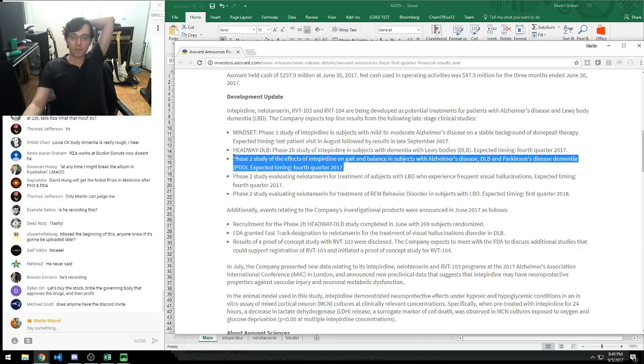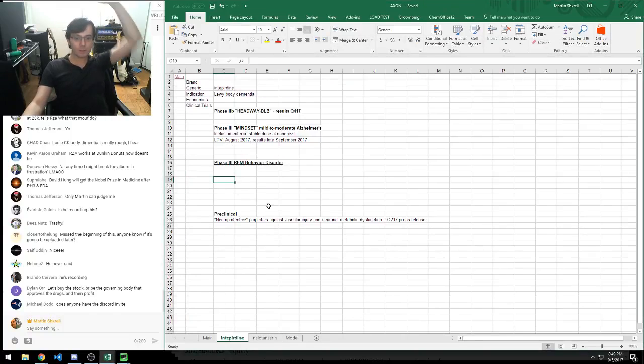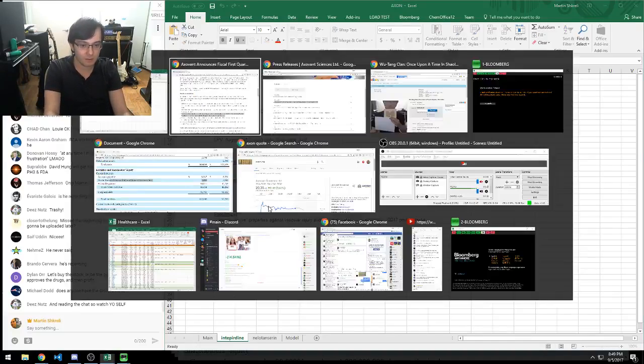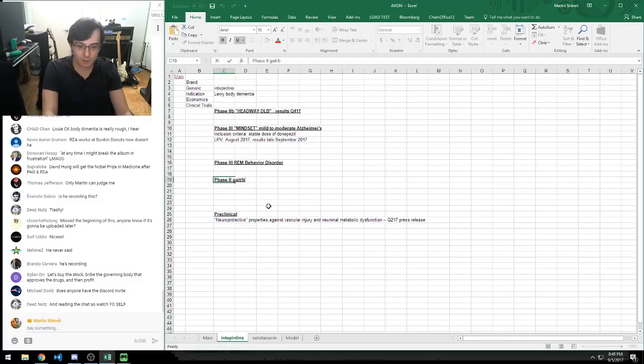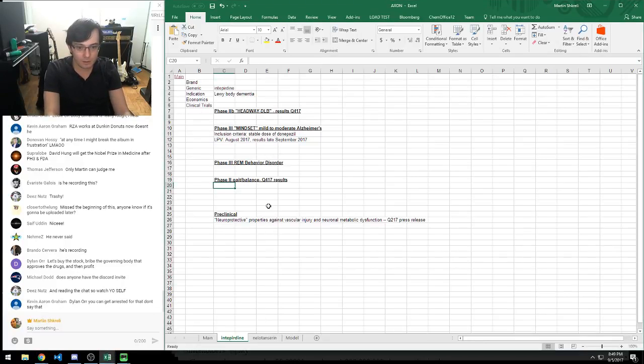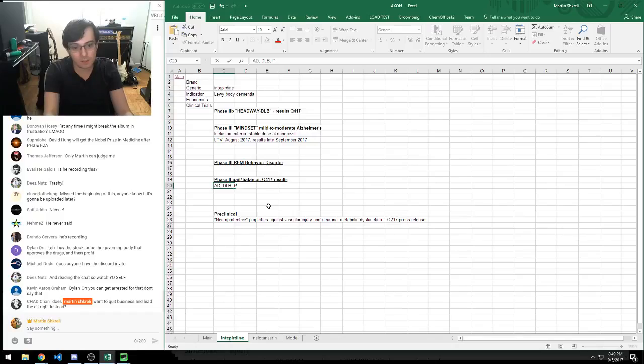So it looks like they have a gait and balance study in various different illnesses, which is kind of interesting. Gait means walking, basically the manner of your walking, which is often impaired. Let's see, AD, DLB, PDD, Parkinson's disease dementia.